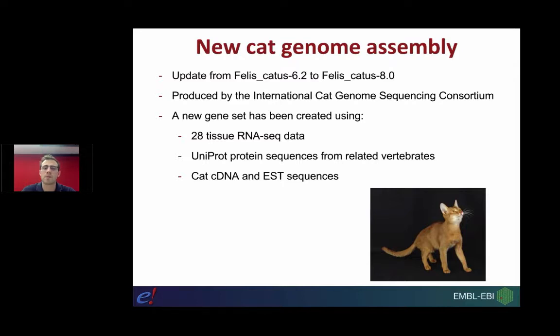So we've updated the genome assembly, and we've also produced a new gene set that's been created with the cDNA and EST sequences, but also RNA-seq data from 28 different tissues in cat, and also UniProt protein sequences from different related vertebrates that have been used to create the gene set as well.